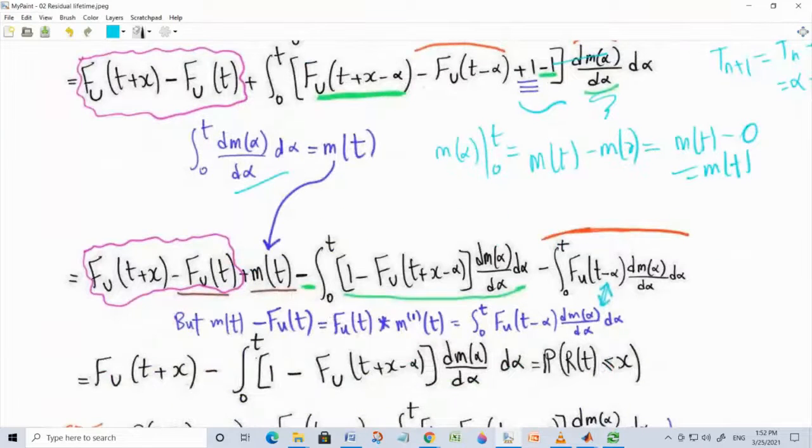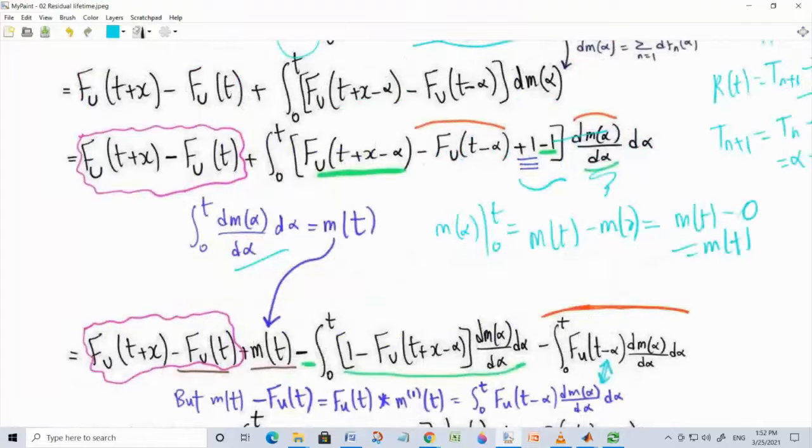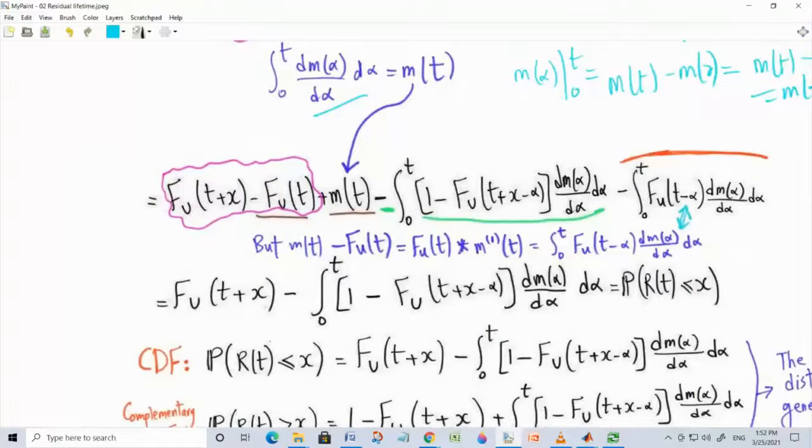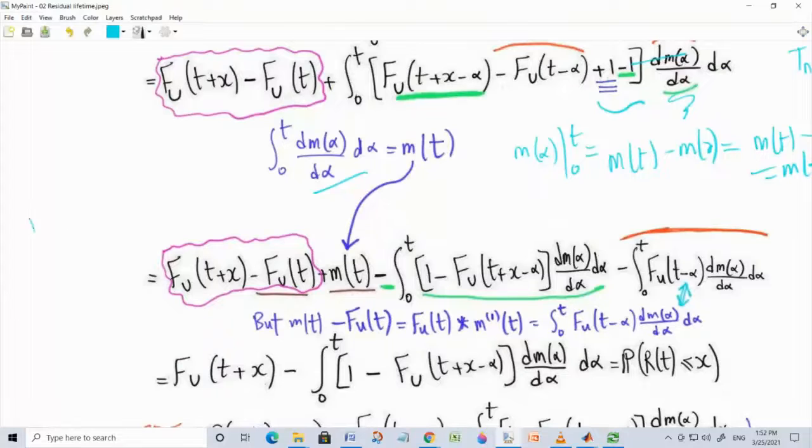Okay, and then we can actually combine. When we dealt with the term corresponding to small n equals 0, we got this CDF. We can combine it with m of t, making use of the integral equation of the renewal function. Remember that the renewal function m of t is equal to the CDF plus the CDF convolved with the first derivative of the renewal function.